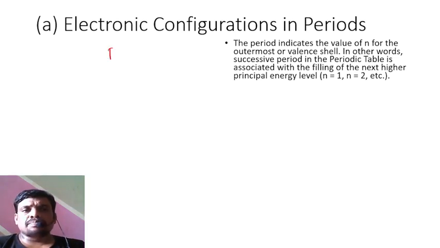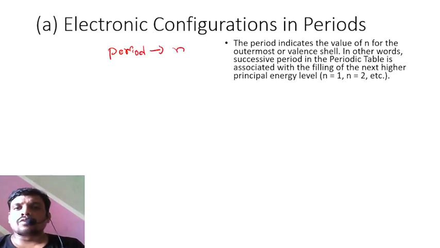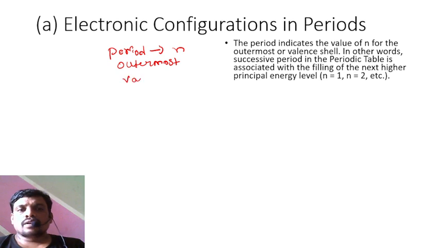If you take the periods, each indicates the value of n, the principal quantum number, for the outermost or valency shell. The outermost shell is nothing but the valency shell. In other words, successive periods in the periodic table are associated with the filling of electrons in the next higher principal energy level.